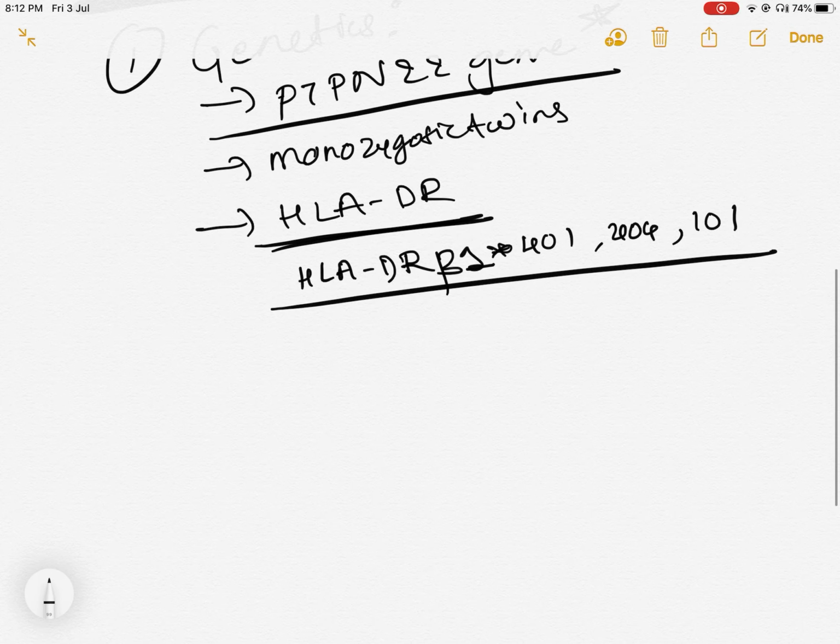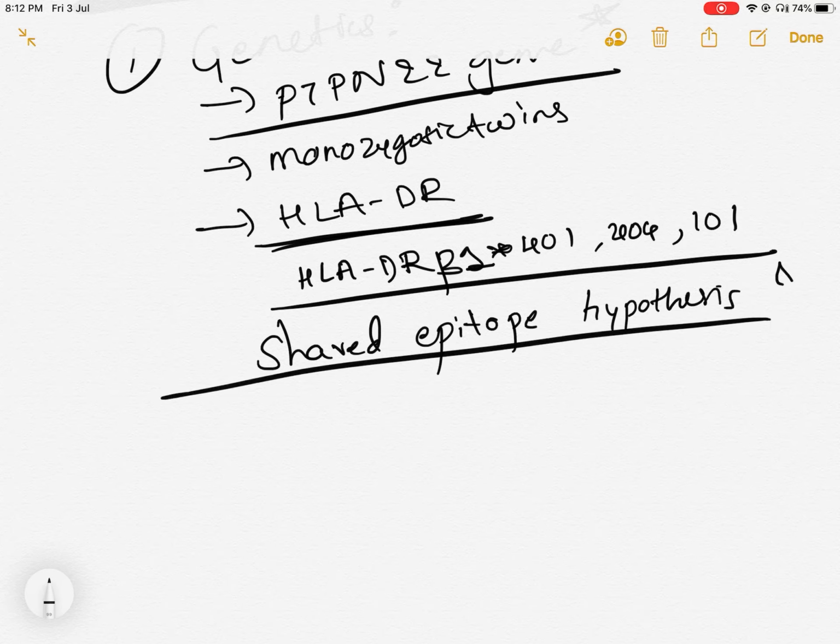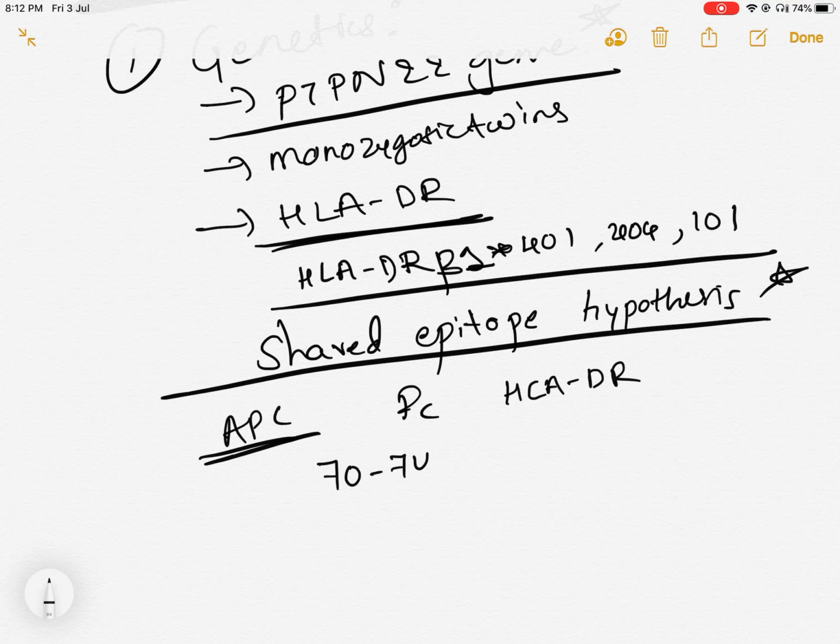Then something called the shared epitope hypothesis. What this states is that on the antigen presenting cell, there is a mutation in HLA-DR, which codes for amino acids between position 70 to 74, designated as QKRAA.